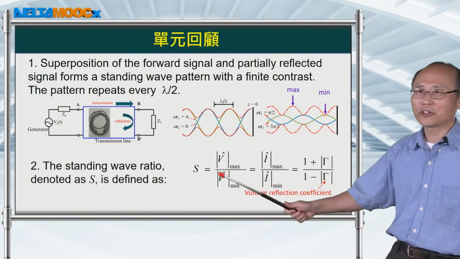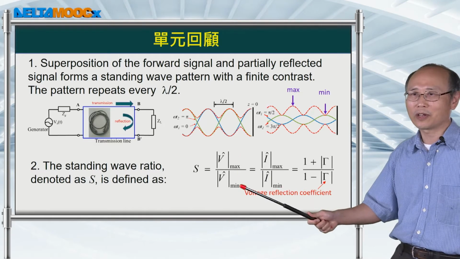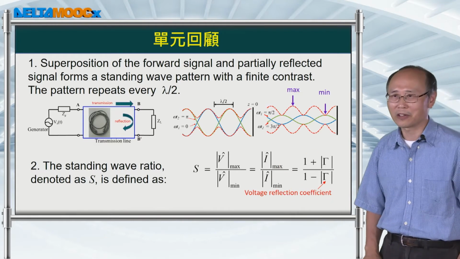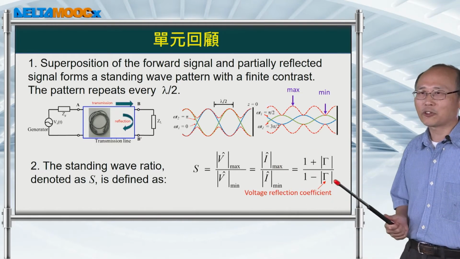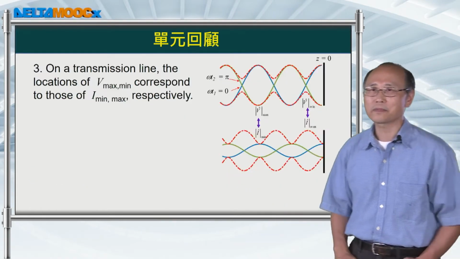This ratio is the maximum value of the voltage to the minimum value of the voltage, or the maximum value of the current to the minimum value of the current. And if you have 100% reflection, then you end up having S equal to infinity.